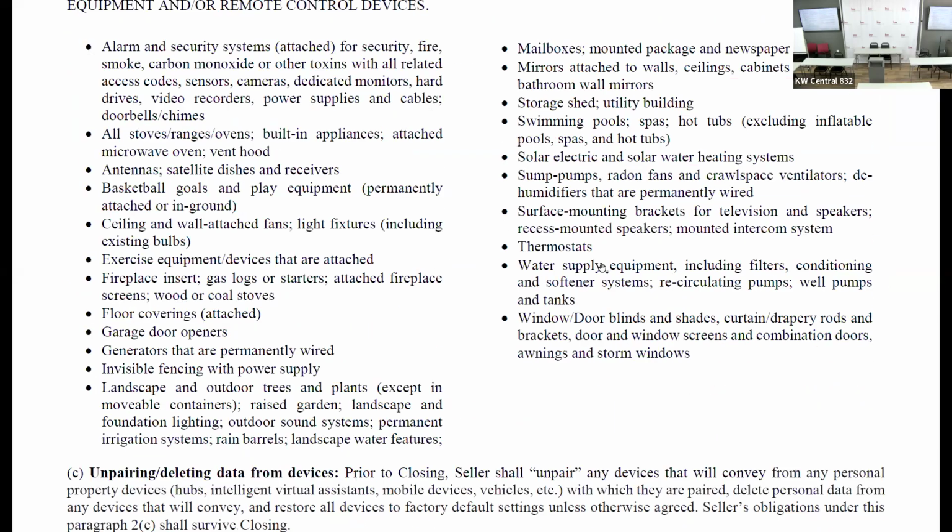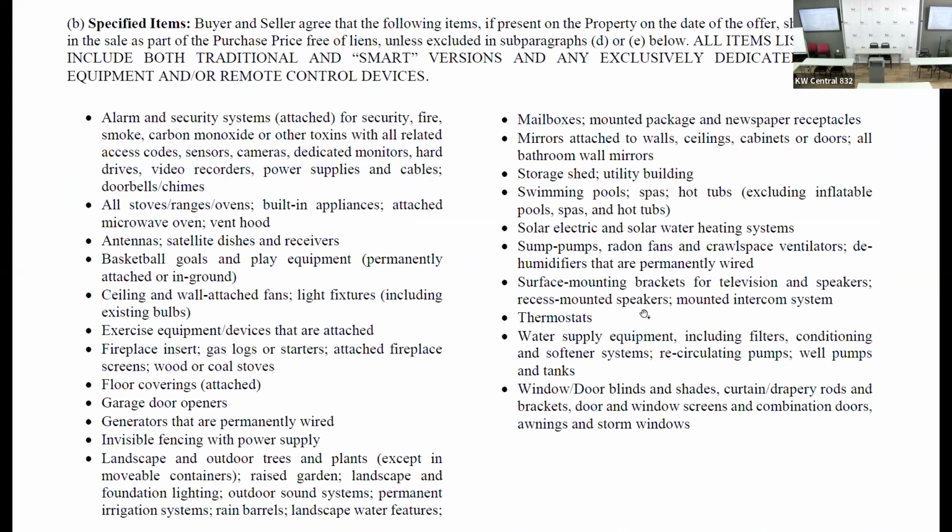All right, fixtures. All of these things remain. So when you're going through the listing agreement, we want to make sure that the seller understands that all of these things remain, unless otherwise agreed upon.